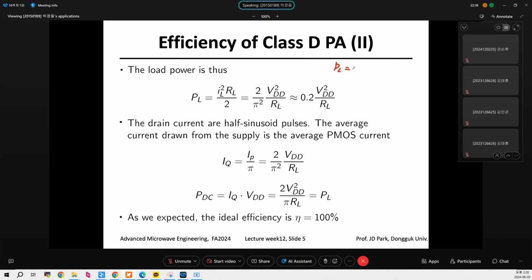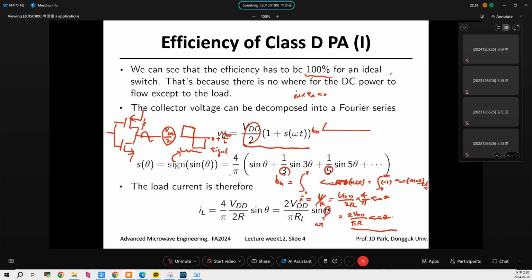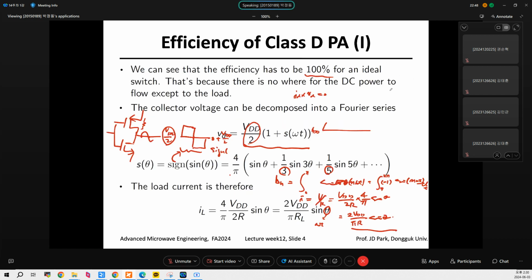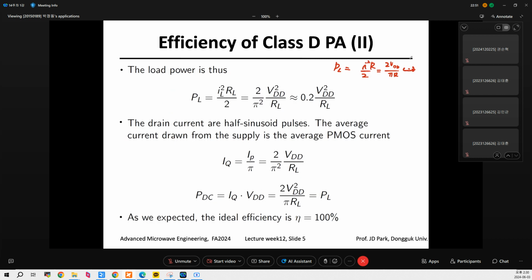Load power is for the peak, I square R divided by 2, right? So from this, IL square. I is what? Pi R to VDD, pi R sine theta.